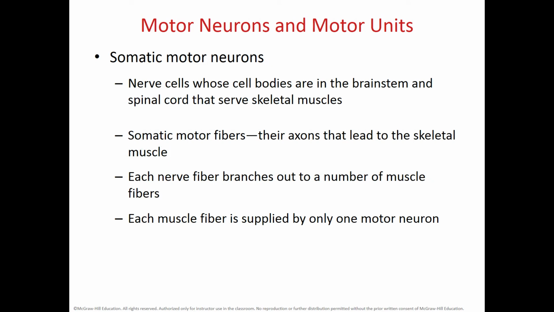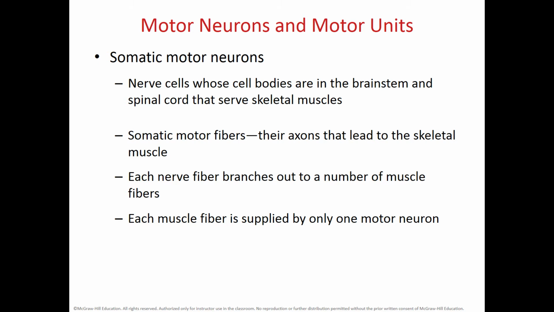And individual muscle fibers can be connected to individual neurons. And the neurons that connect to the muscle fibers are known as motor neurons. So the motor neurons are part of the somatic nervous system. So you would call those nerves that connect to the skeletal muscle fibers somatic motor neurons.